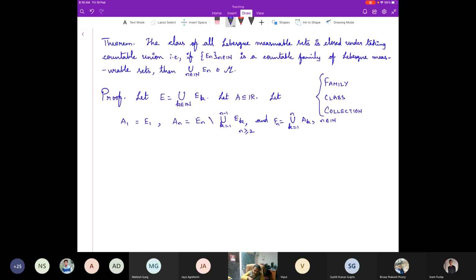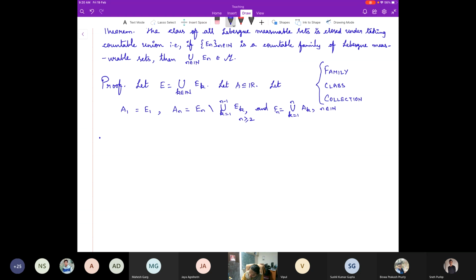Second, they are Lebesgue measurable sets. Why are they Lebesgue measurable? Because En is Lebesgue measurable, and a finite union of Lebesgue measurable sets is measurable, and in the last exercise we have seen that if En and the union of Ek from 1 to n minus 1 are both Lebesgue measurable, their difference will also be.